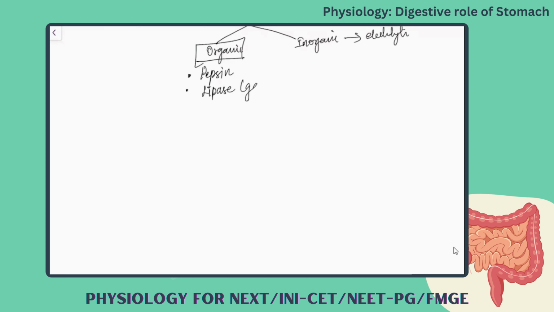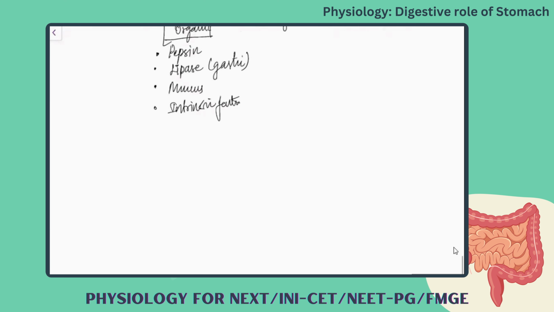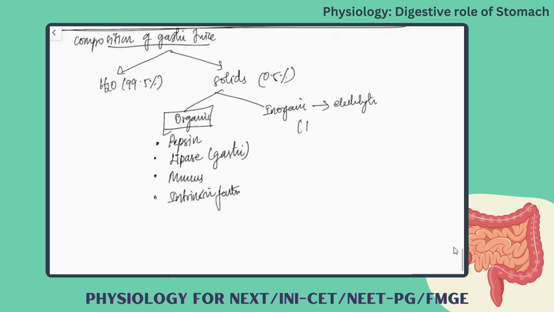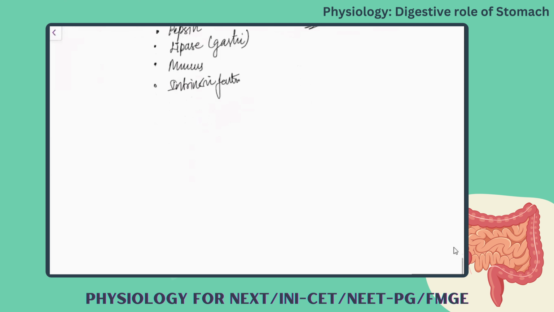Then you have mucus and intrinsic factor. These are the organic substances present in gastric juice, and this is the only thing that differs from salivary juice. Among the inorganic substances, the one exception is HCl, which is not seen in the salivary composition.